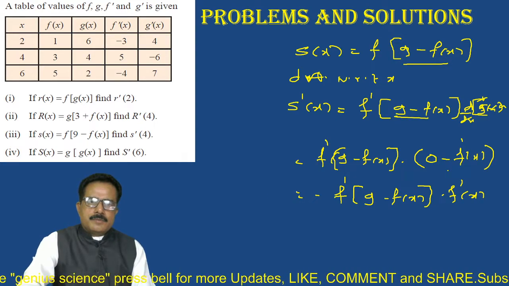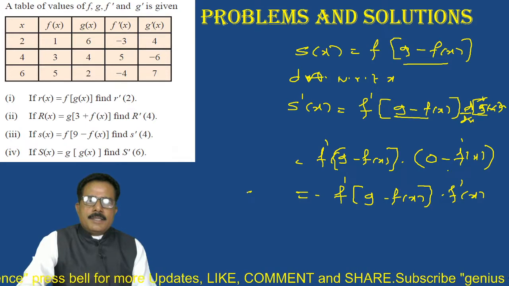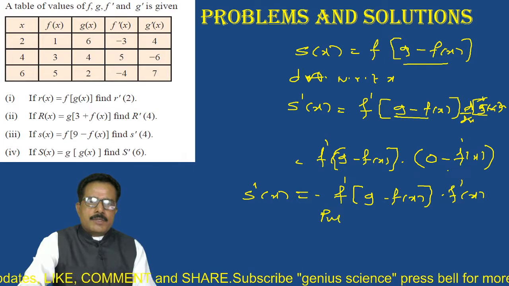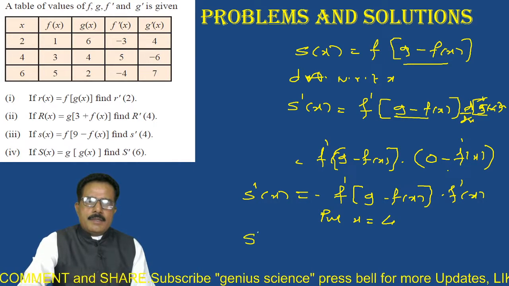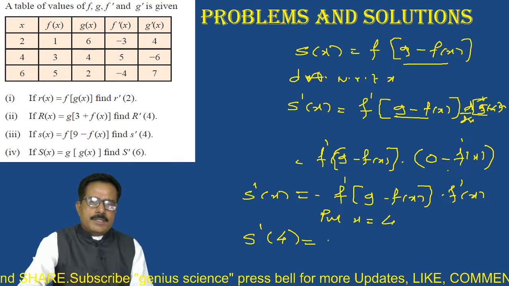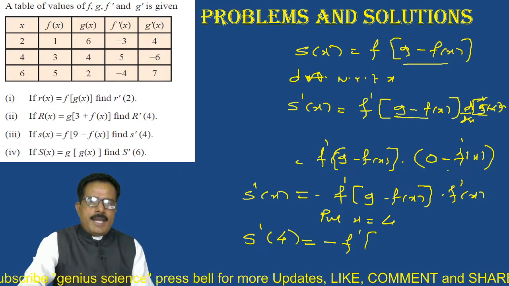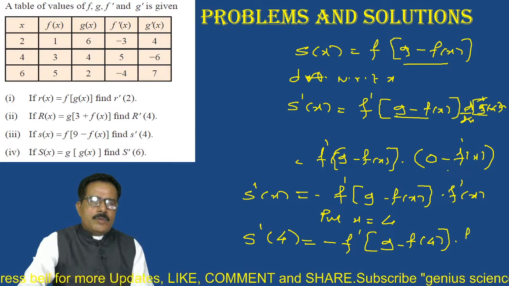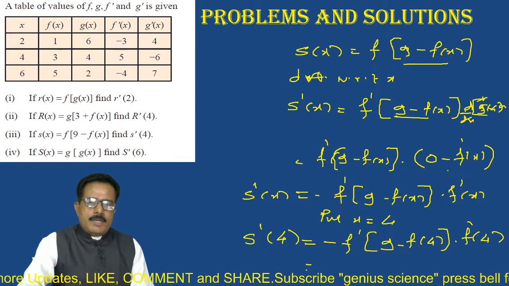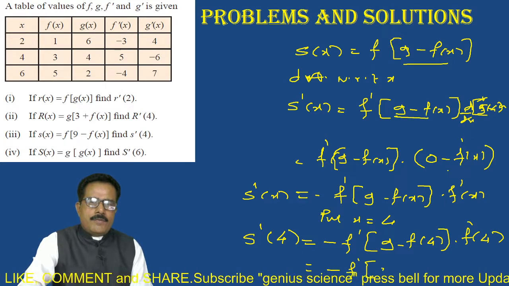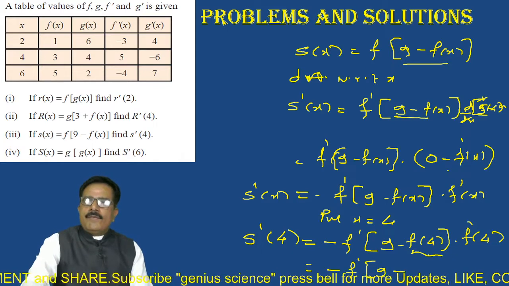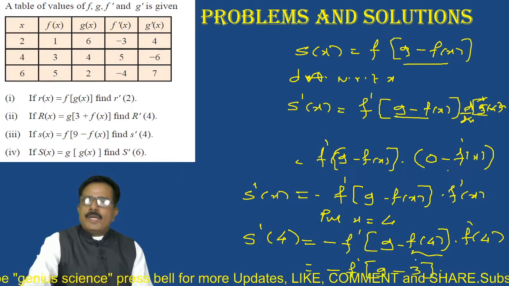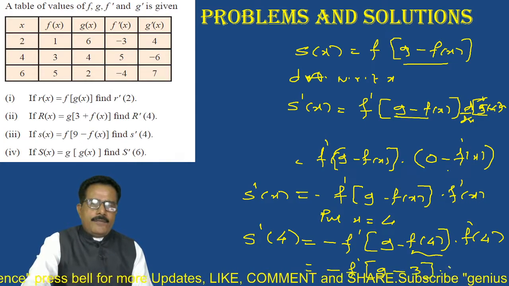Now we have to find s dash of 4, so put x equals 4. That means s dash of 4 equals minus f dash of 9 minus f of 4 into f dash of 4. F of 4 is again 3, and f dash of 4 is again 5.